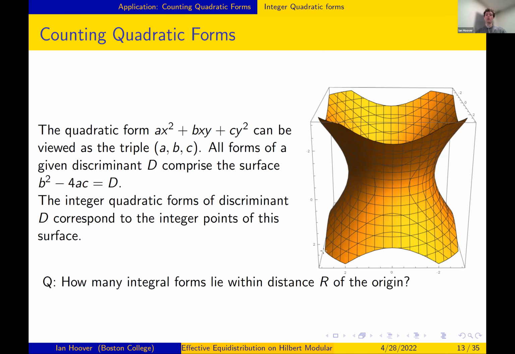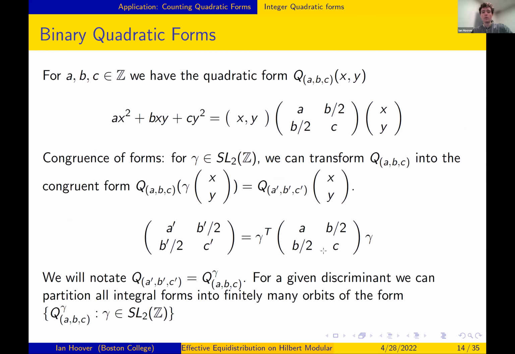And then what one might want to know is how many of those forms lie within some Euclidean distance r of the origin. And this is a classic problem of counting integer points on varieties that there's been a lot of work in. So how does this kind of equidistribution result help us count these quadratic forms?